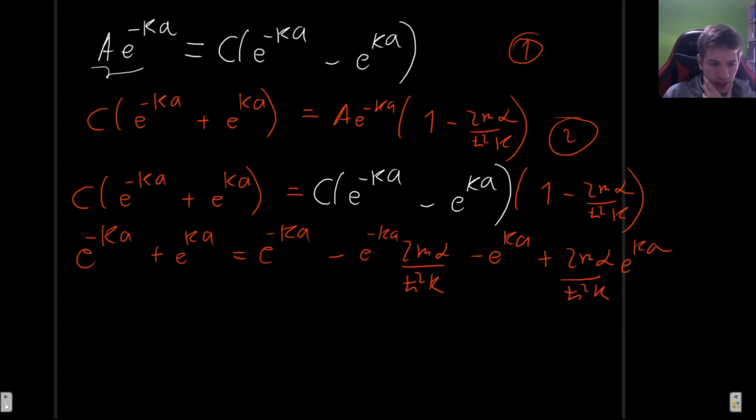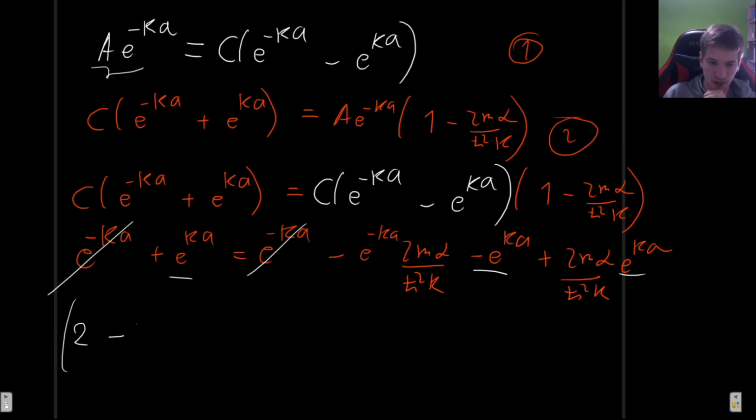Okay, so now once again, this cancels out this right over here. We can add this to the left hand side, so we get 2e to the ka, but now we have another e to the ka right here, so we can actually put that one on the left hand side as well and just factor out the e to the ka.